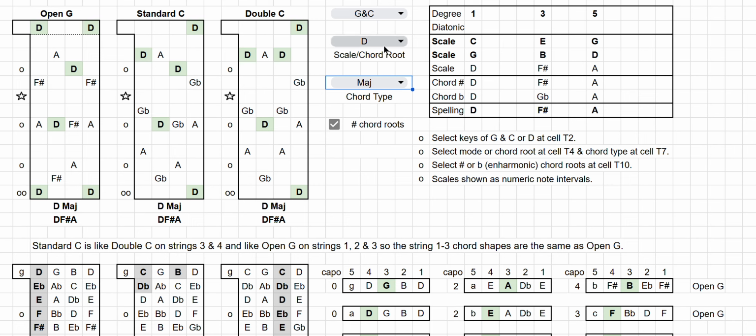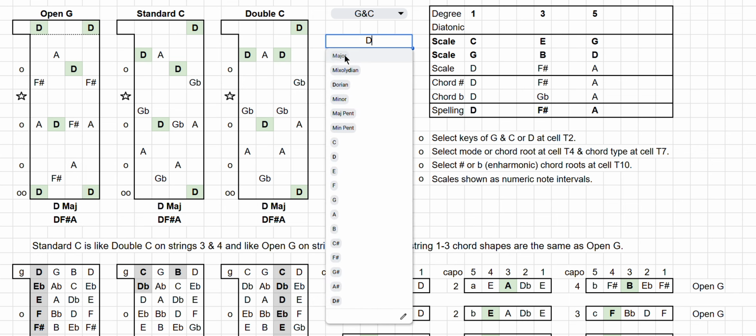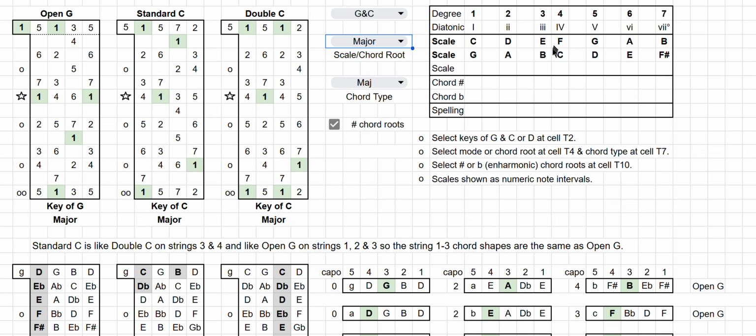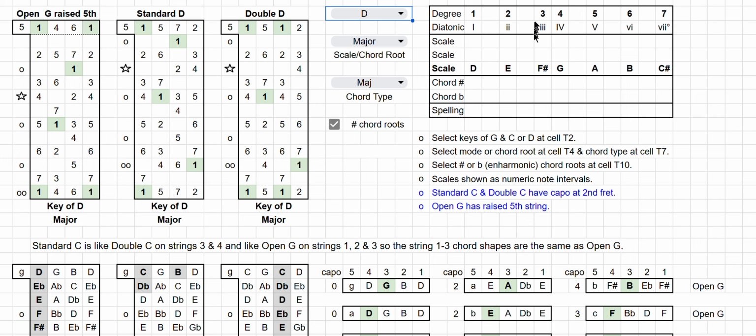If we can determine which chords diatonically should be there if we were playing in major. If we were playing in D major, the 3 chord is an F sharp minor.